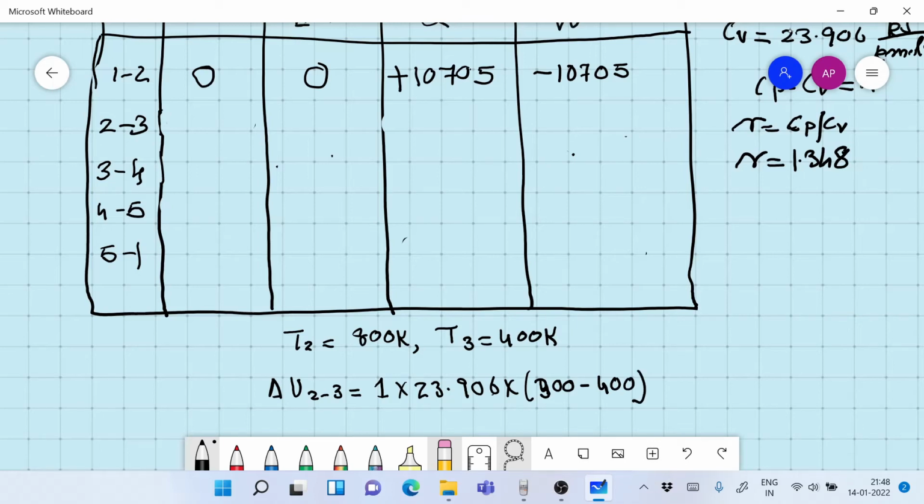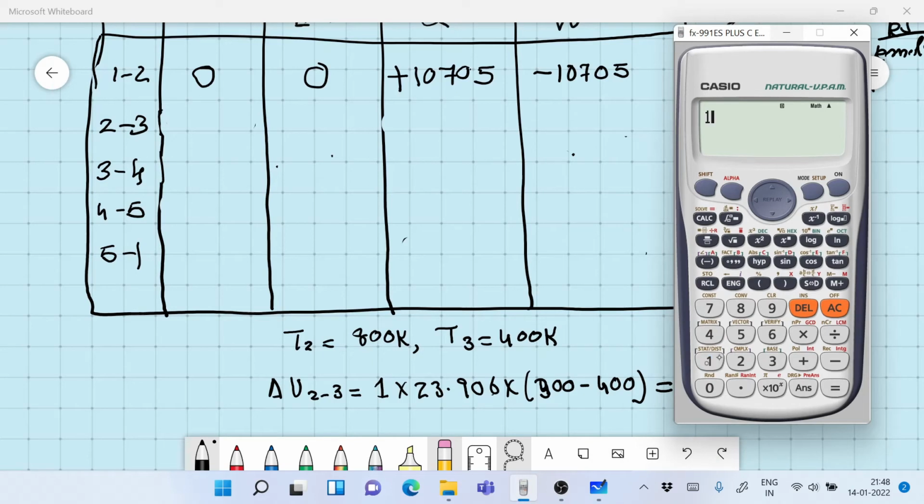Now this will be equal to 1 into 23.906 into 400 minus 800.